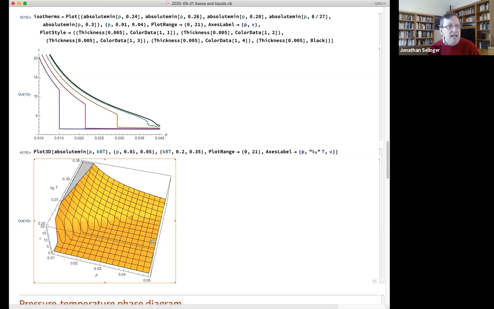And in that plot, we could see that sometimes there was a big jump between spin up and spin down, and sometimes there was only a little jump. And at the critical point, that jump just went to zero. And beyond the critical point, there's no jump at all. It's just a smooth change from one to the other.